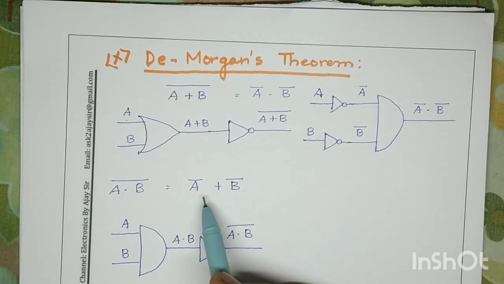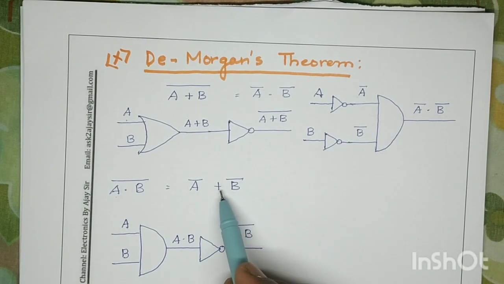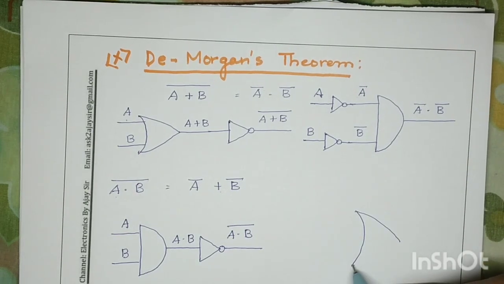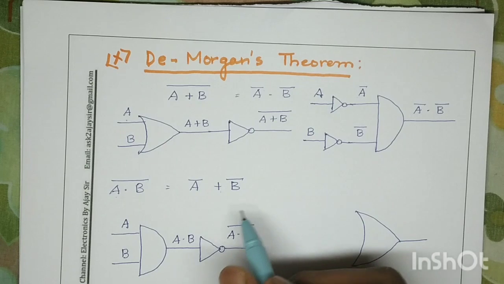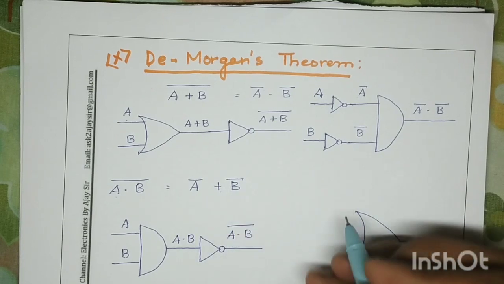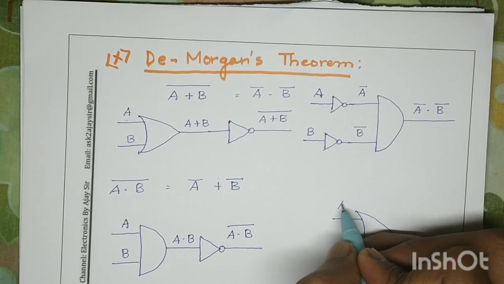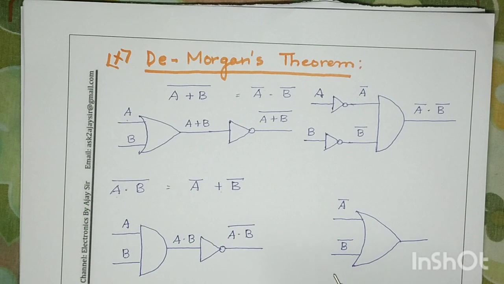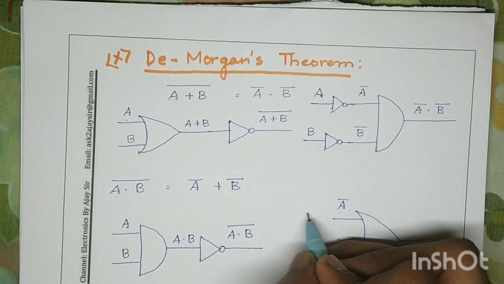On the right side, we have the expression A bar plus B bar. For this plus, I need an OR gate. The inputs to this OR gate are A bar and B bar. So this is A bar, this is B bar, and again we have to generate this signal A bar from A, and this signal B bar from B. So how to generate A bar from A?